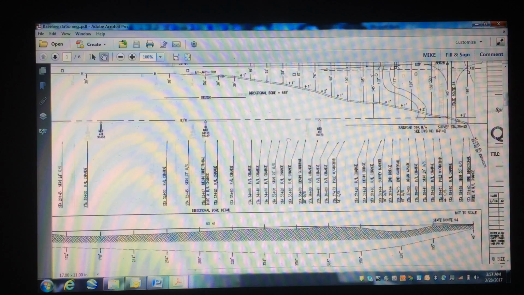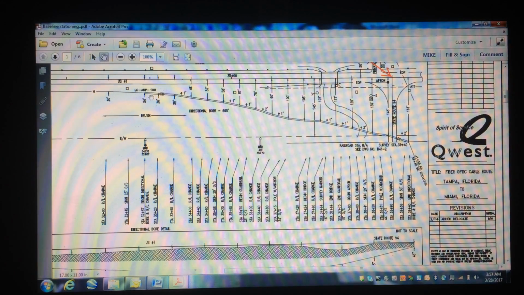It's a little old gravel road. He continued that when the guy that drew this did it fine. He used his stationing on this bore. He used the stationing from US 41, and he came down and he kept the same station, and then he kept the same offsets.